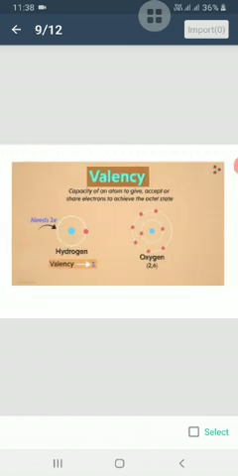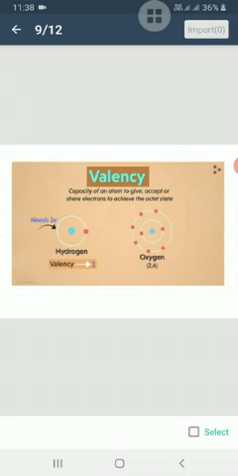Now, the valency of an element or a group denotes its combining capacity. How does an element combine with another element?